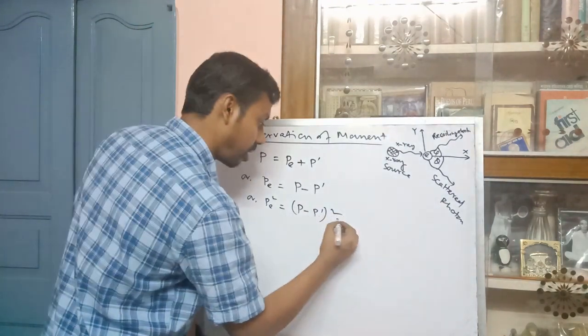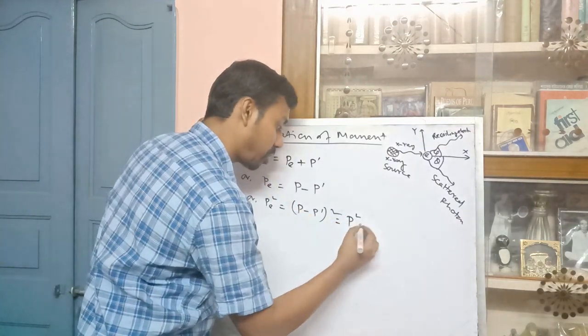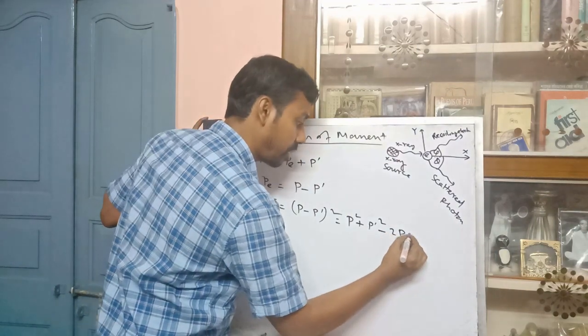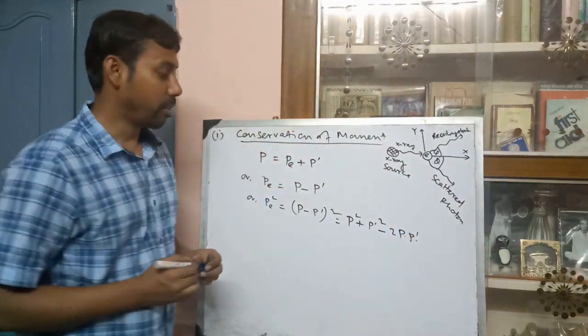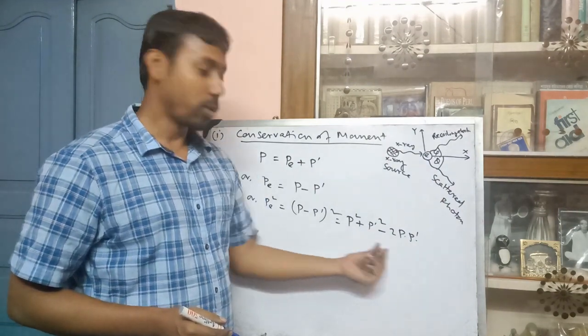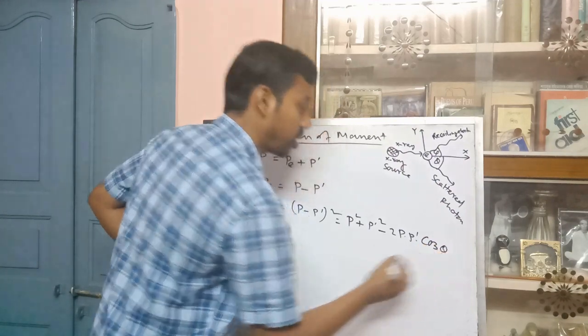You can write this as the A minus B whole square formula. What we can get is P square plus P dash square minus 2 into P into P dash into, what will that be? As momentum is a vector quantity, there will be a dot product, so that should be multiplied by cos theta.